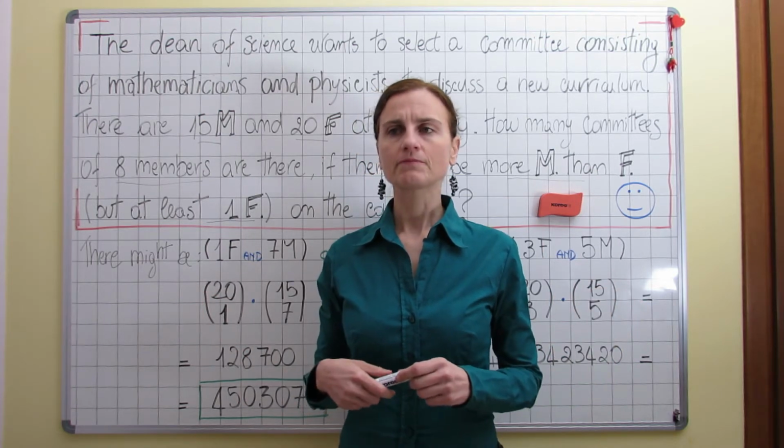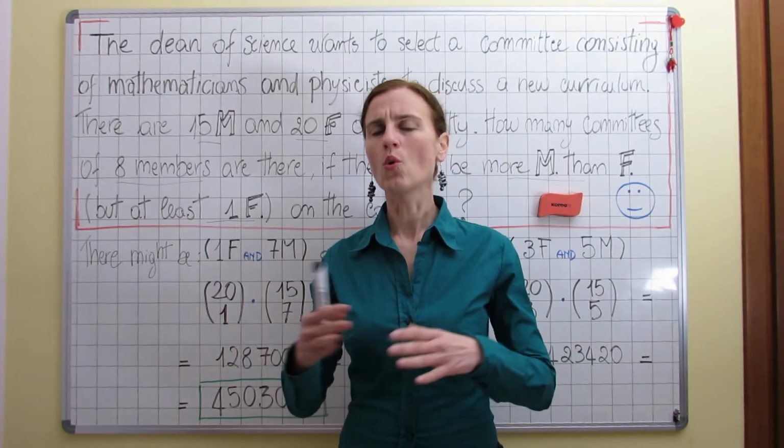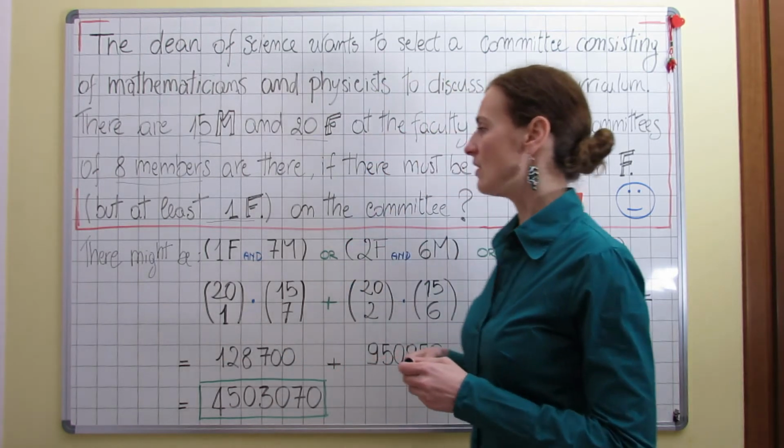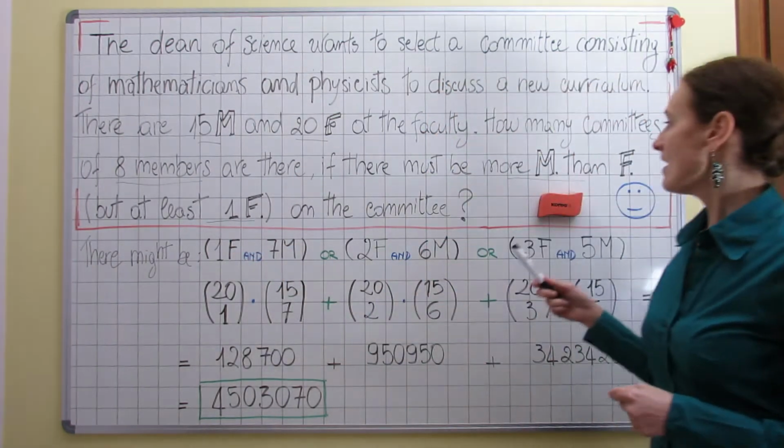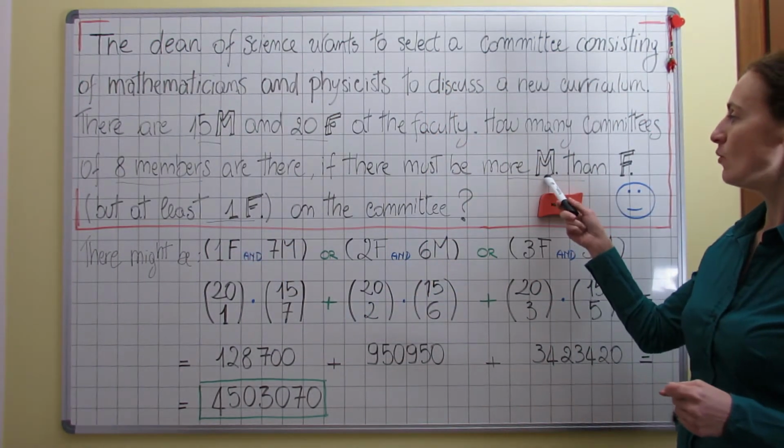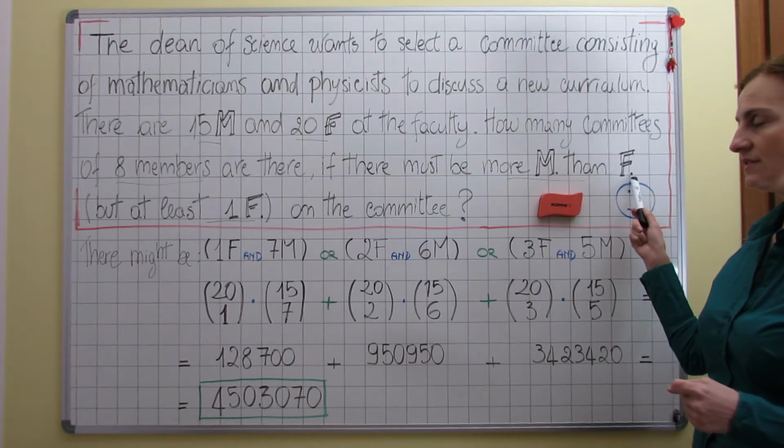But we cannot choose all these possibilities because there must be at least one physicist and there must be more mathematicians than physicists.